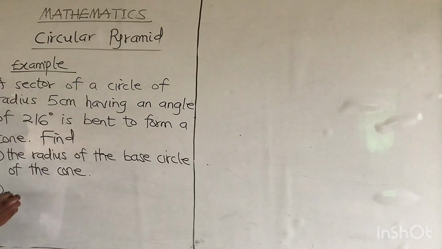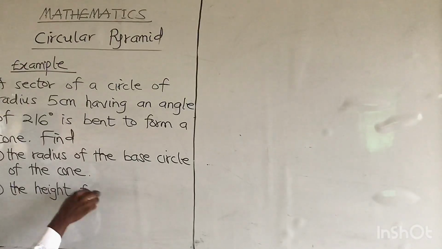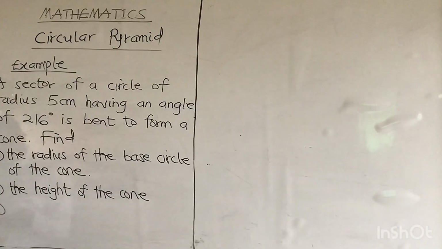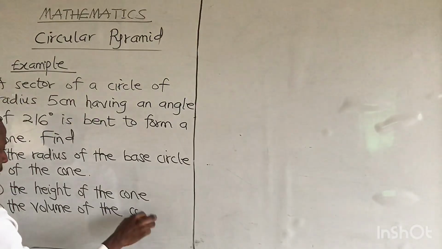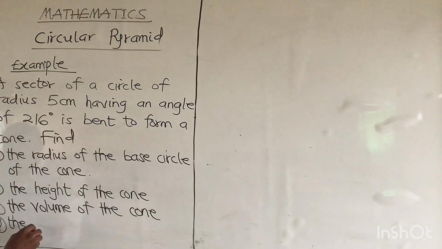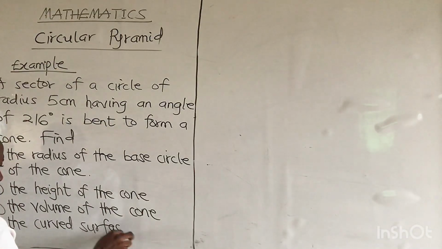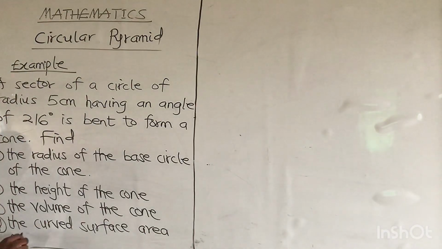B, the height of the cone. C, the volume of the cone. Then D, the curved surface area of the cone.